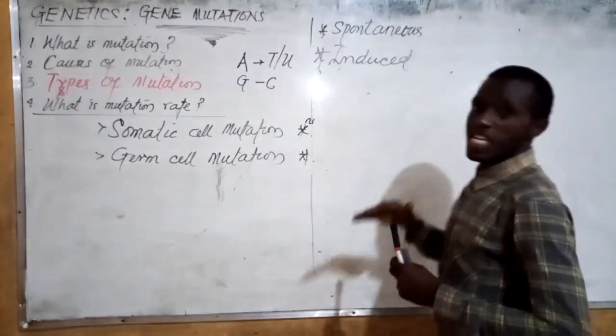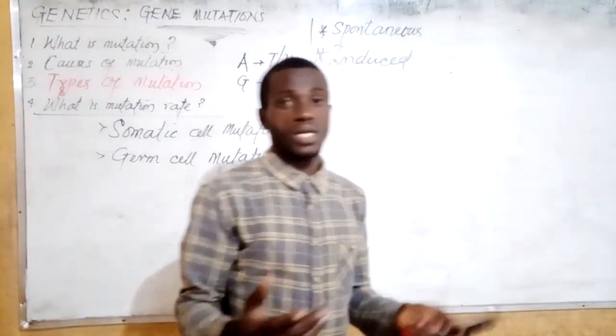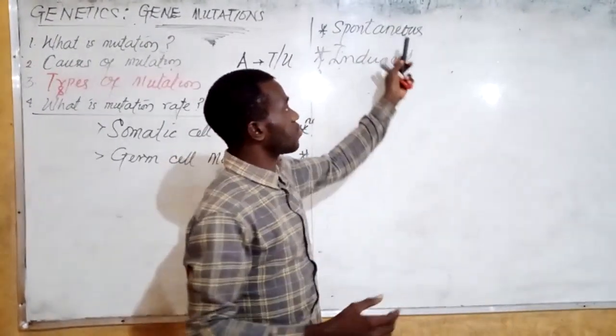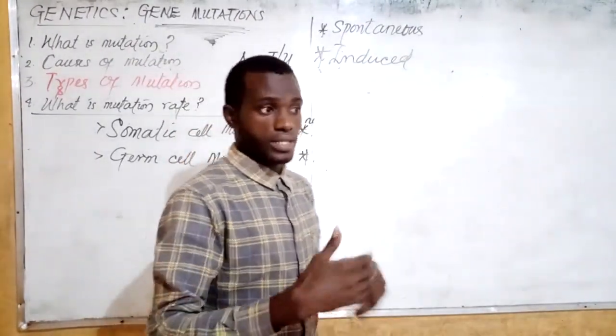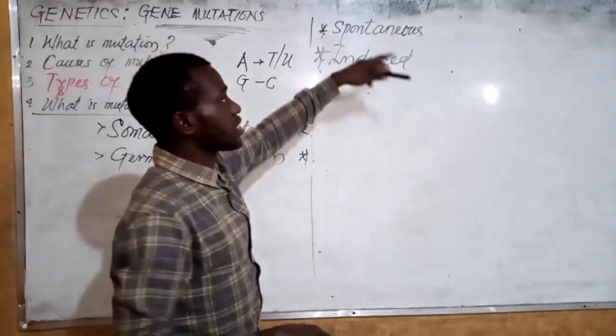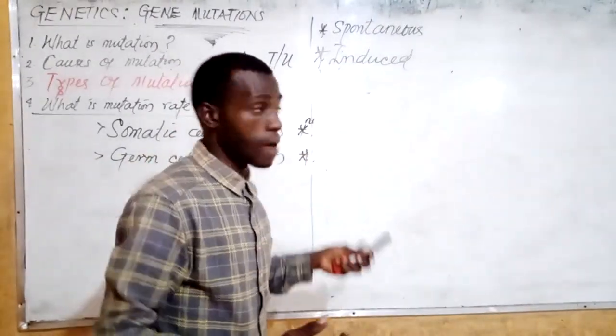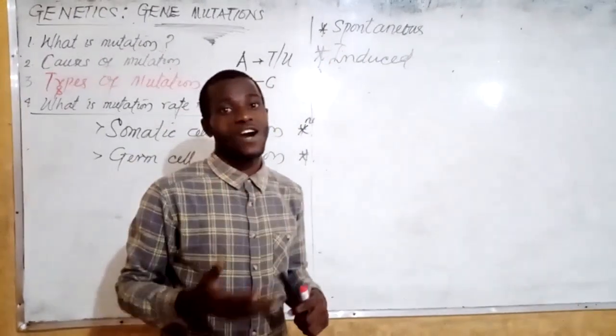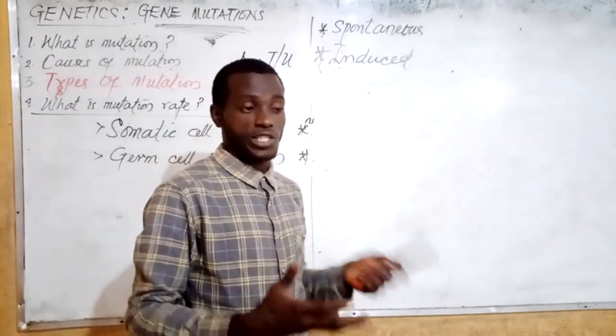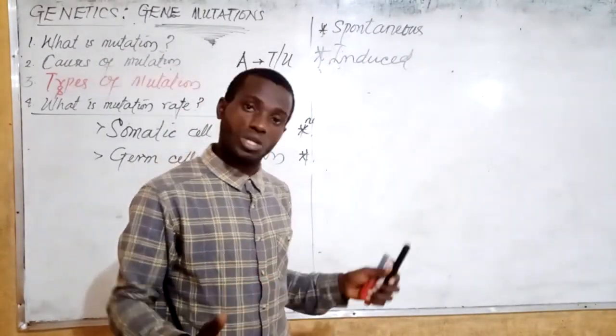Spontaneous mutation, as the name implies, when a reaction is spontaneous, means it happens on its own. It doesn't require any external force to make it happen. All right? So spontaneous mutations are the ones that take place on their own, and their causes are usually untraceable.